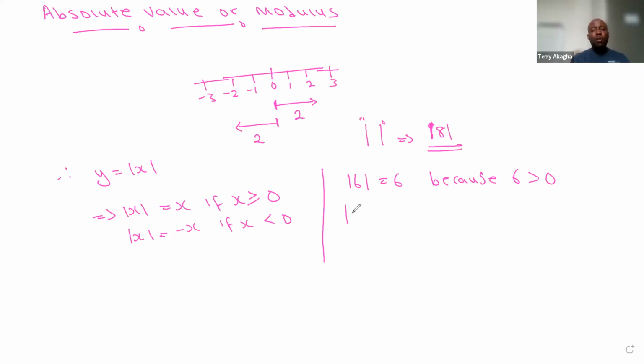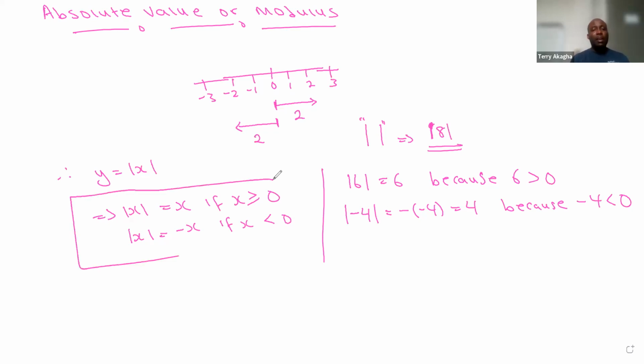The absolute value of -4 will be equal to minus of -4, which is 4, because -4 is less than what? 0. When it's absolute value and it's less than 0, you put a minus sign there just to turn it to positive. And if it's positive, it's just going to be the same thing. You need to keep this in mind. This is the first thing to keep in mind.